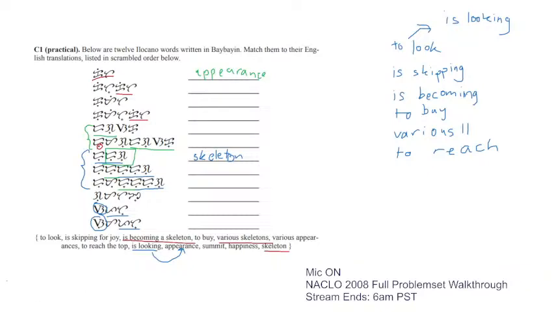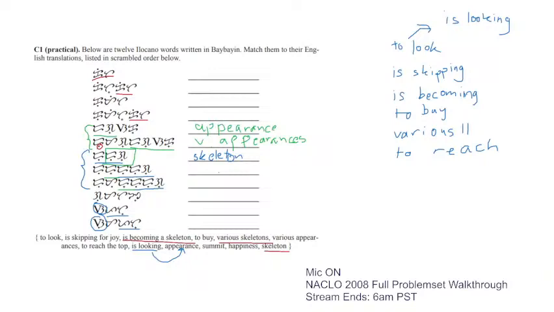Yeah, I don't think this is appearance, first of all. I don't think the one at the top is appearance. Let's see, if this one's appearance, and this one is like various appearances. And then we'll say this is skeleton.